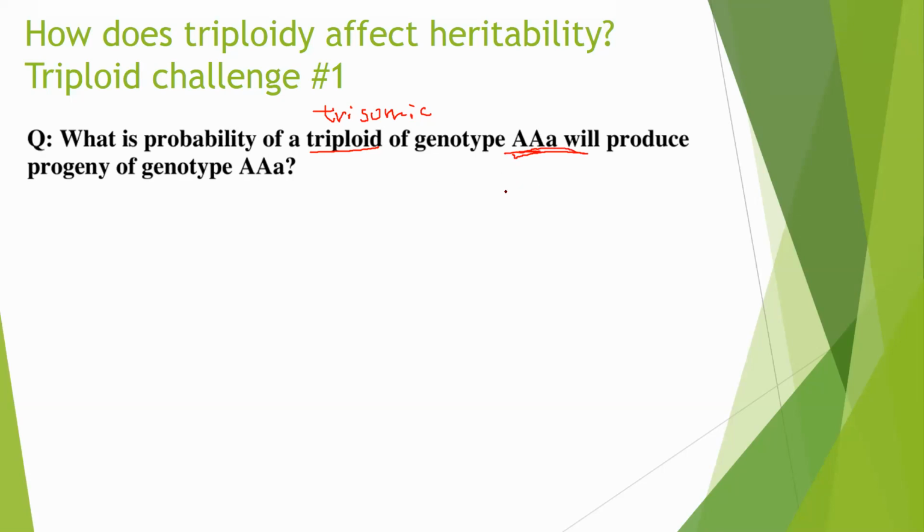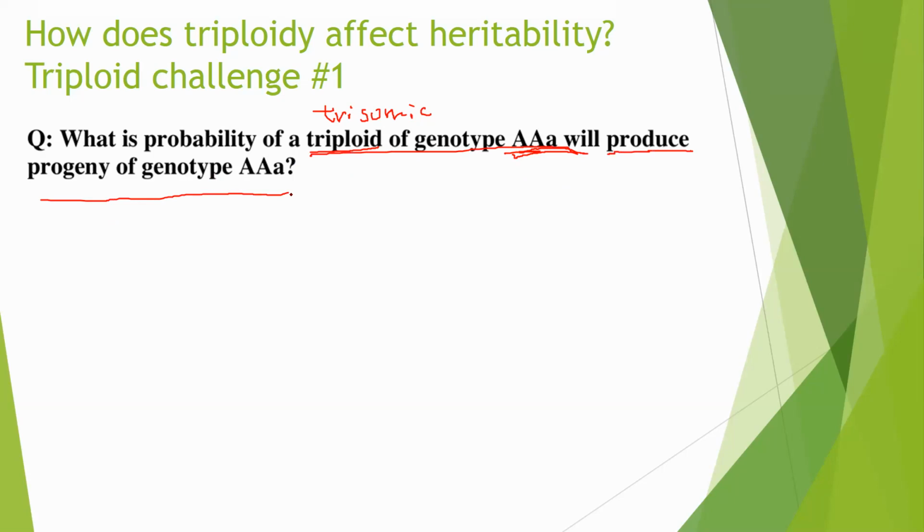what is the probability, if we do the intercross between these two parents of the same genotype, that you're going to see a progeny carrying the same genotype?